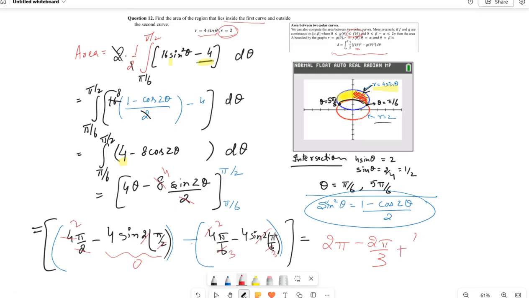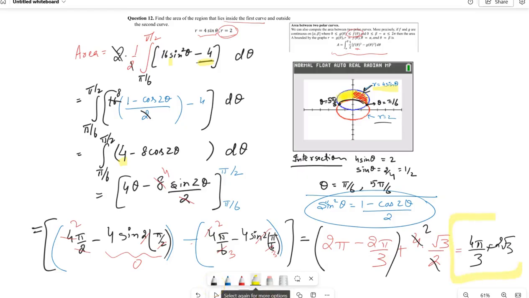Negative, negative, plus 4 times sine pi by 3, which is root 3 by 2. 2 pi minus 2 pi by 3 is 4 pi by 3, and plus 2 root 3. That is the area of the highlighted portion which we needed to find, inside the first curve, outside the second curve.